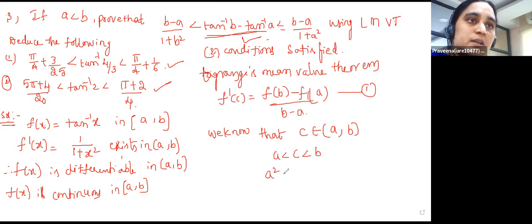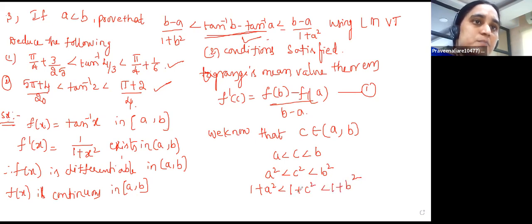Squaring on both sides, a square less than c square less than b square. Adding 1 on both sides, 1 plus a square less than 1 plus c square less than 1 plus b square.